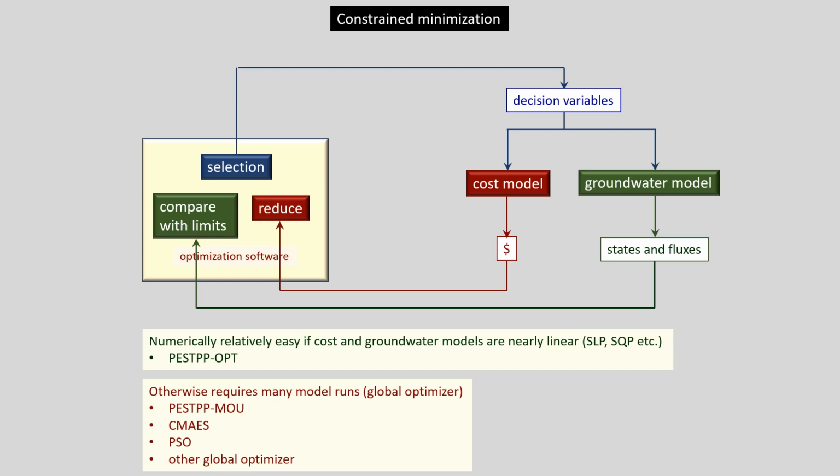If the relationship between decision variables and costs and model outputs is highly nonlinear, then we may have no choice but to use so-called global optimizers, of which there are many around, all with different strengths and weaknesses. But the thing about global optimizers is that they generally require many more model runs to find that constrained minimum than these other methods that rely on a more linear or approximately linear relationship between decision variables and model outputs.